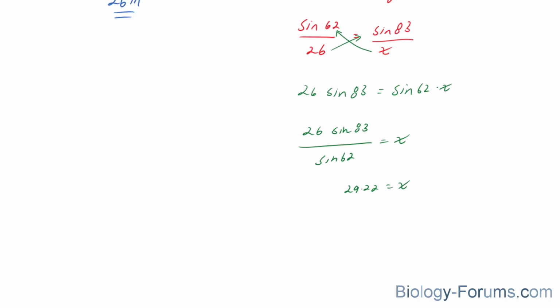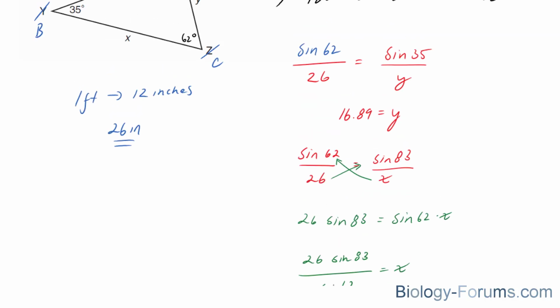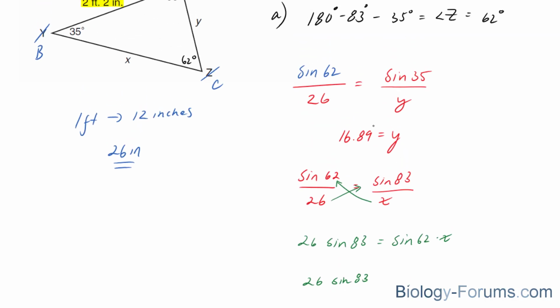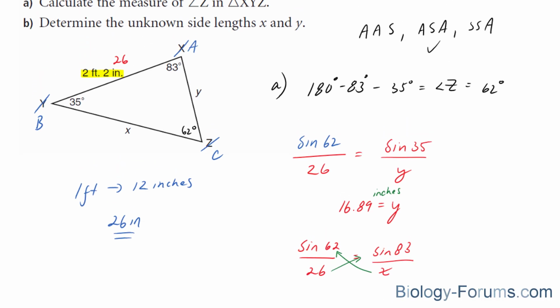Therefore, length X is 29.22 inches, and side length Y is 16.89 inches. And it appears that it is to scale. So there you have it. That is how to solve oblique triangles, non-right triangles, using the sine law.